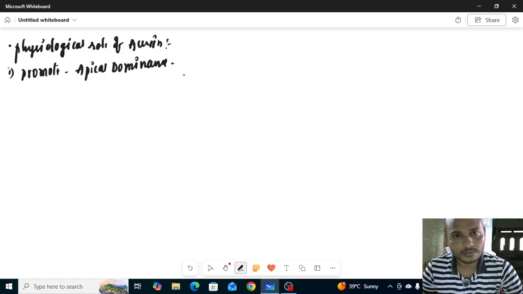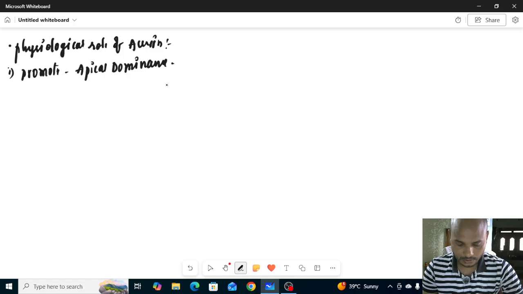So if auxin promotes apical dominance, the plant grows taller, and the side branches are restricted. So this is about apical dominance.